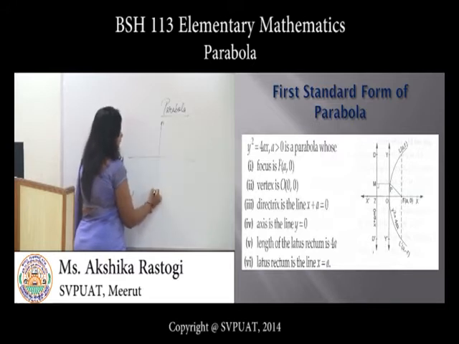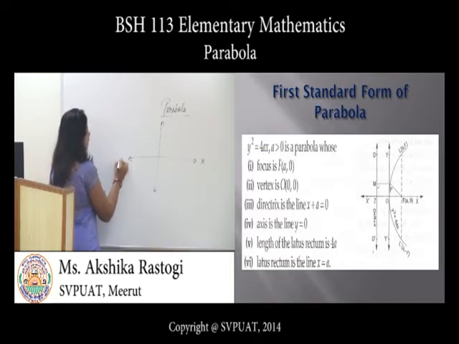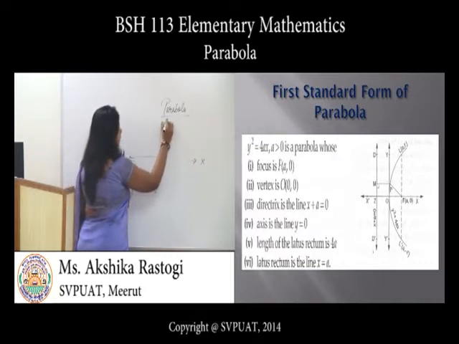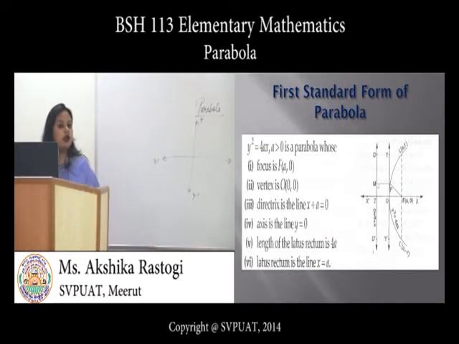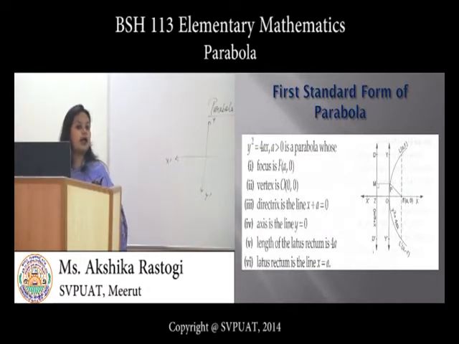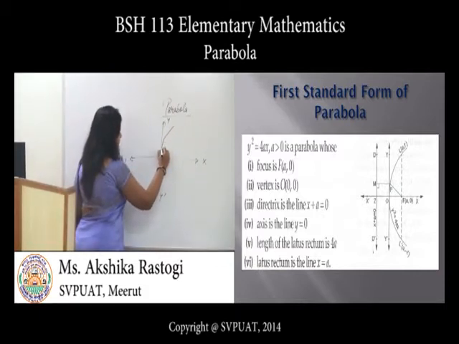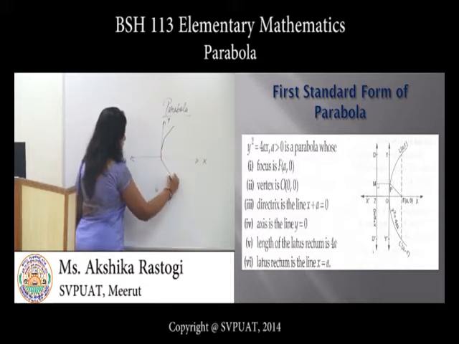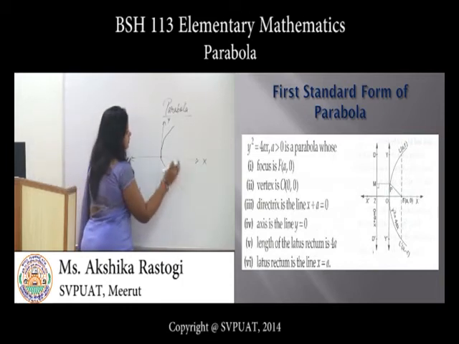This is, I think, the well-known thing. This is x-axis, x dash, y and y dash. Now I draw the geometrical shape and explain how it is a parabola. It goes through the origin.